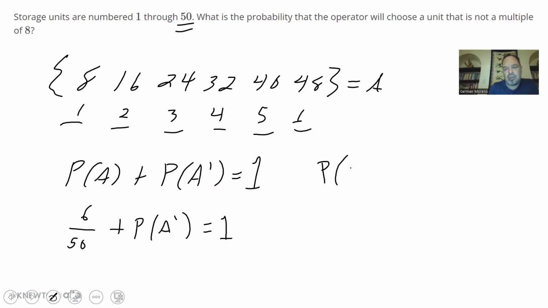Probability that you're in A prime is 1 minus 6 over 50. Some of these problems will start becoming pretty trivial. So it's 44 out of 50.